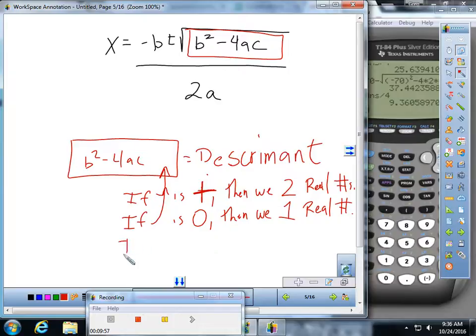And then if this thing is negative, then we have 0 real number answers. And that's because we're not allowed taking the square root of a negative yet. And then next week we get into imaginary numbers. And that's what those are. They're square roots of negatives. Thanks for listening. Boom!